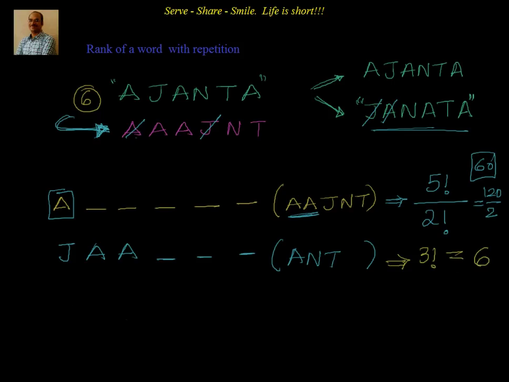Now let's go to the next one. JAA is over, then I will have JAN. Once I find N, what do I do immediately? I strike off N here and N here, and come back to the starting point.